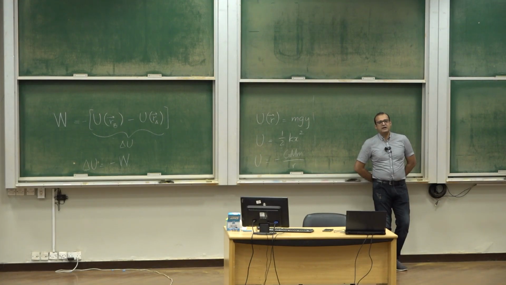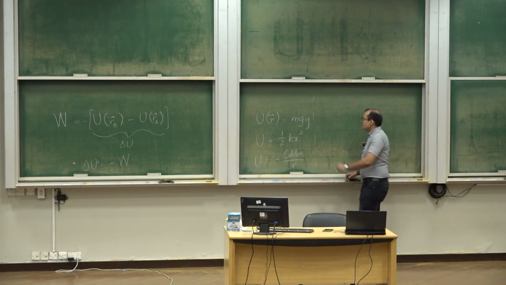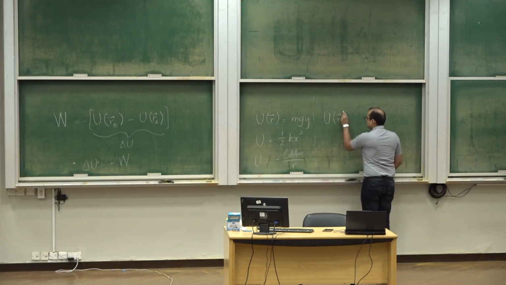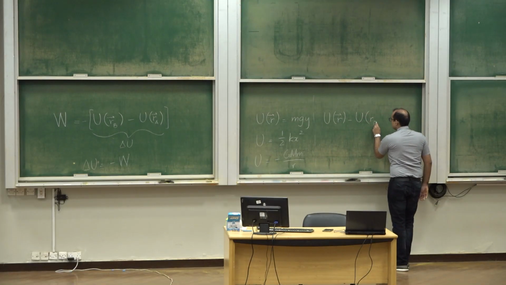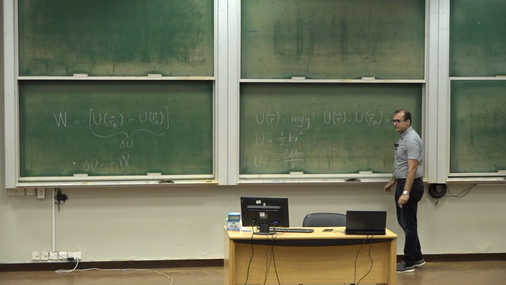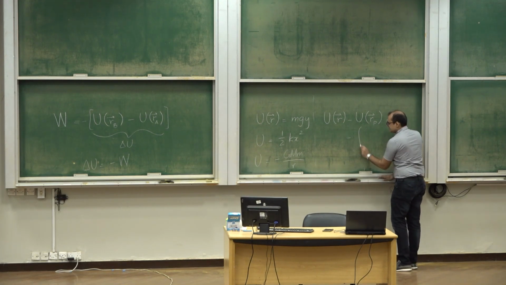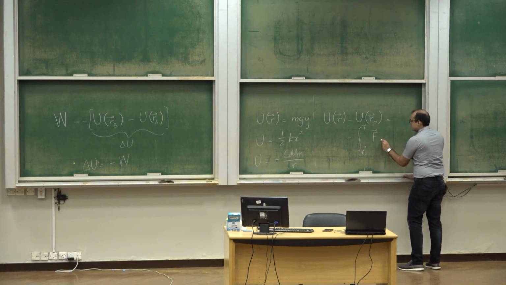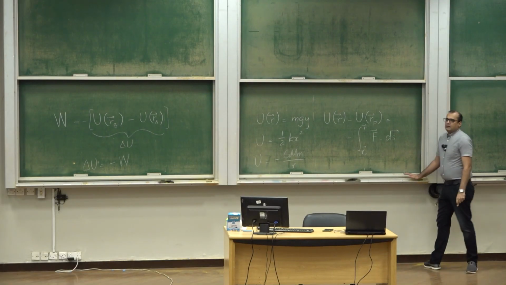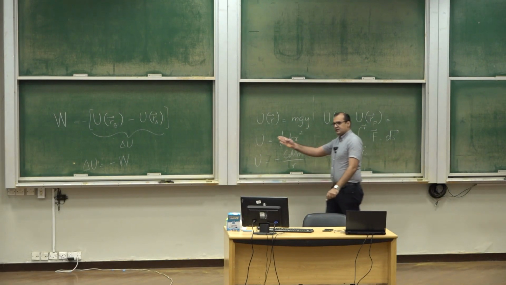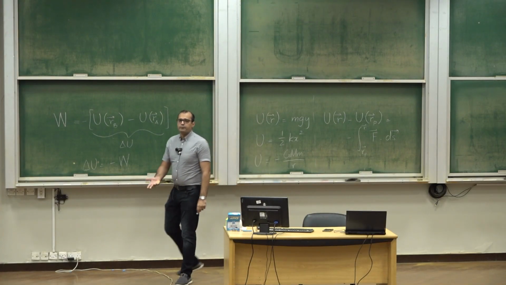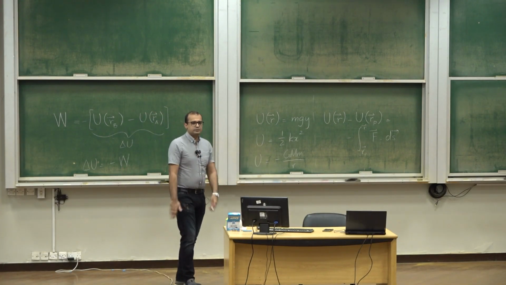So if I label this arbitrary point by position vector r and I label my reference point by rp, for example, then I can write down that u(r) minus u(rp), as in delta u, equals the negative of the work done in moving from this point to that point. Or in other words, this is minus the integral from point P to point R of F dot ds. This is nothing other than that applied to the case where your point A is some fixed reference point.